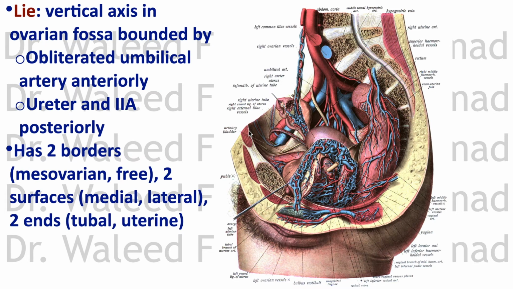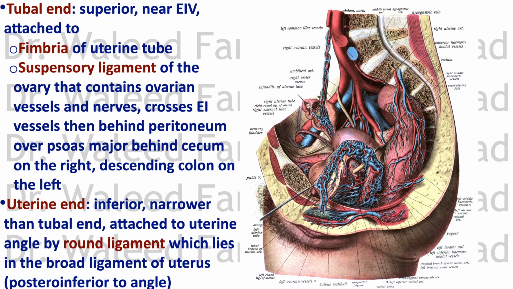We will talk about each. The tubal end of the ovary is superior, towards the tube, the fimbria of the tube, so that's why it's called the tubal end. It's near the external iliac vein, as you can see here. And it has the fimbria of the uterine tubes attached to it.